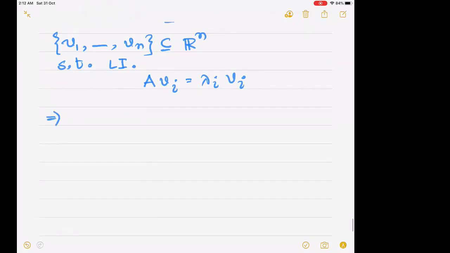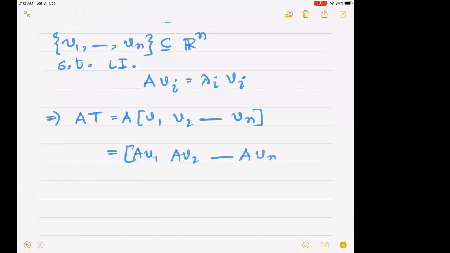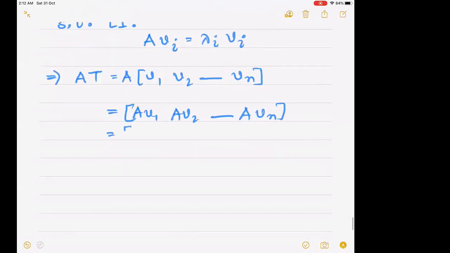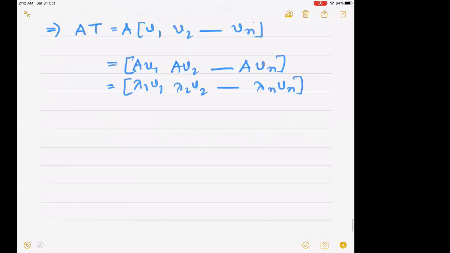In that case, if I look at A times T, that is A times the matrix with columns v1, v2, up to vn, then this is nothing but A times v1, A times v2, up to A times vn. But they satisfy this equation, right? So this is lambda_1 times v1, lambda_2 times v2, up to lambda_n times vn. So these are the columns. So these lambda_1 up to lambda_n multiply these columns, right?